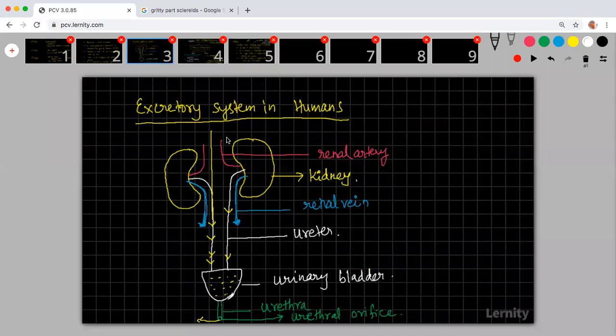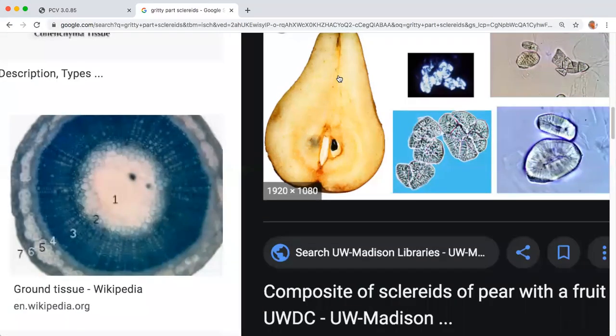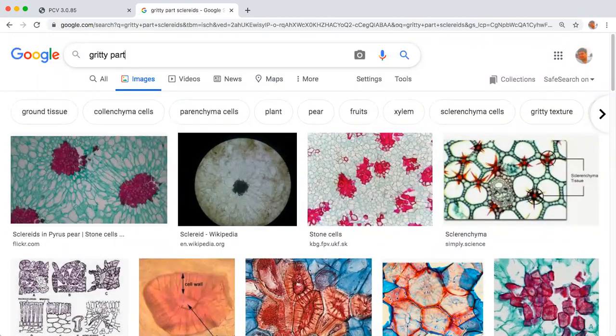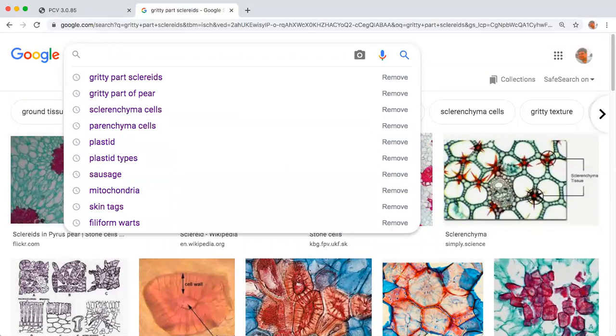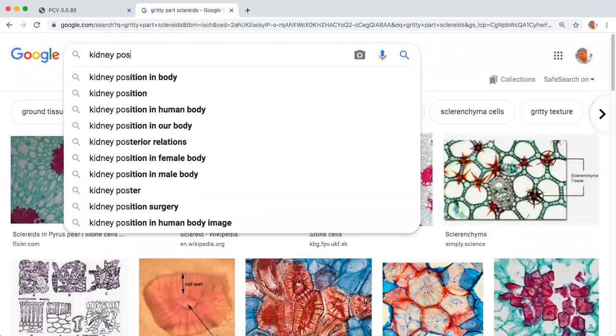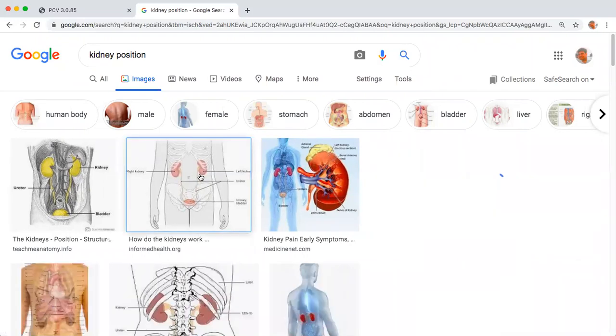Please understand, see what the median is here. I have shared this last class. Wait a minute. The middle of the body is called the median. You see here, this is how your kidney is positioned.